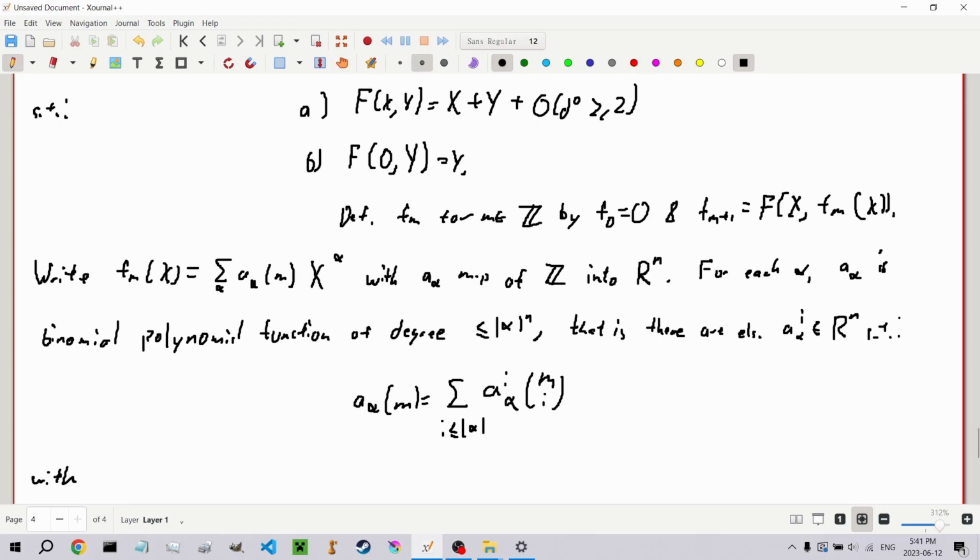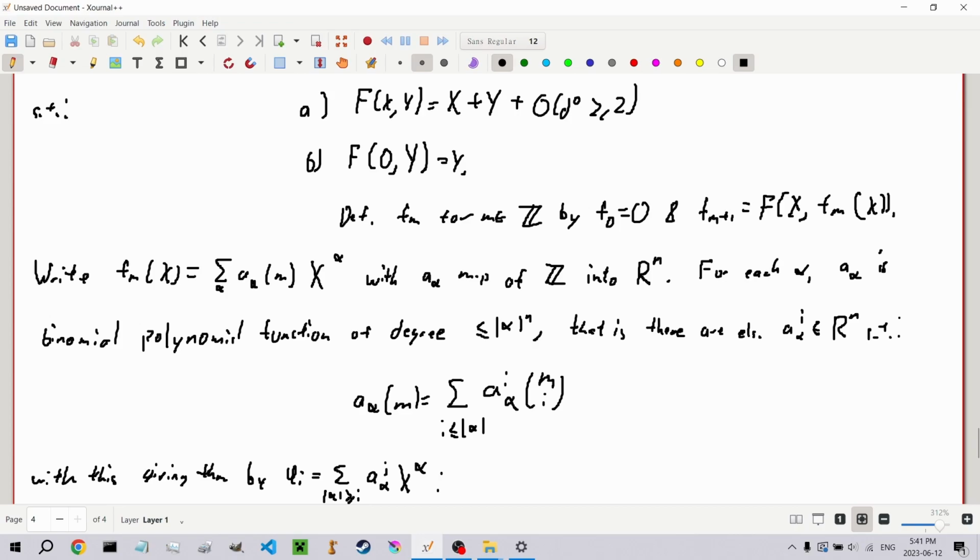We still need to prove this, but this gives the theorem by setting each c_i to be the sum over alpha being at least I of a_alpha^I times x^alpha.